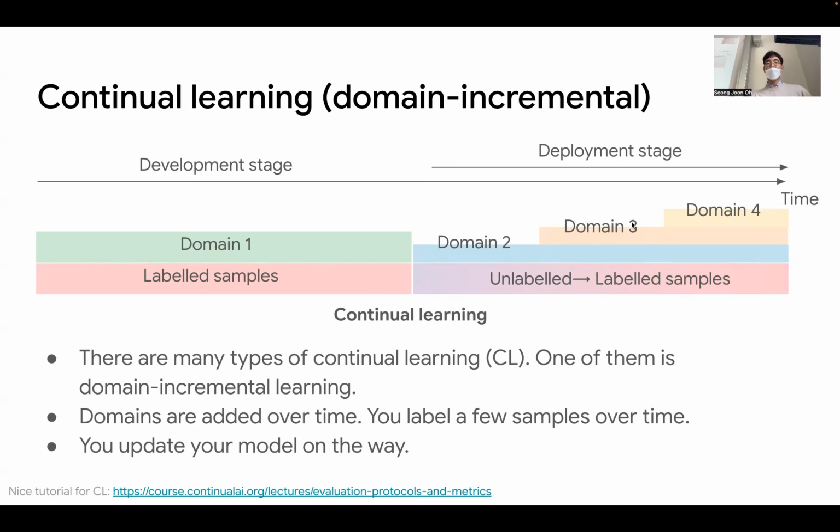So you continuously develop your model over time, and hopefully you're also not forgetting your domain 1 to 3 and so on. So your performance should remain as high as possible as before for the previous domains, and at the same time solve the next domain pretty well. Yeah.